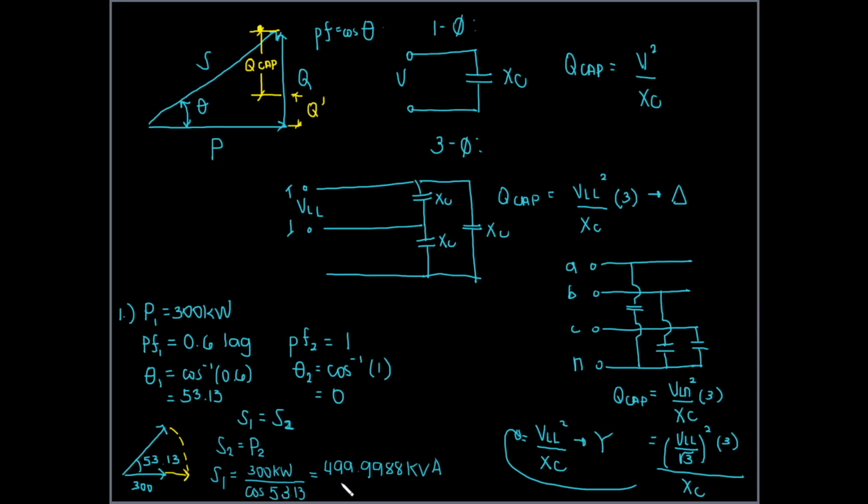Now remember that at the same kVA loading, this is now also equal to your S2. And remember that at unity power factor, S2 is also now the same as your P2.